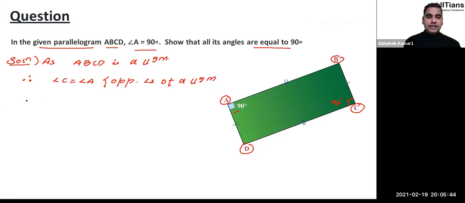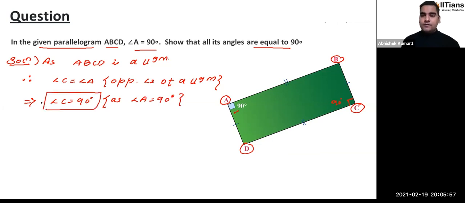And because opposite angles are equal, angle C is going to be 90 degrees. Why? As we are already given angle A is equal to 90 degrees. So we have shown angle C is 90 degrees, right?